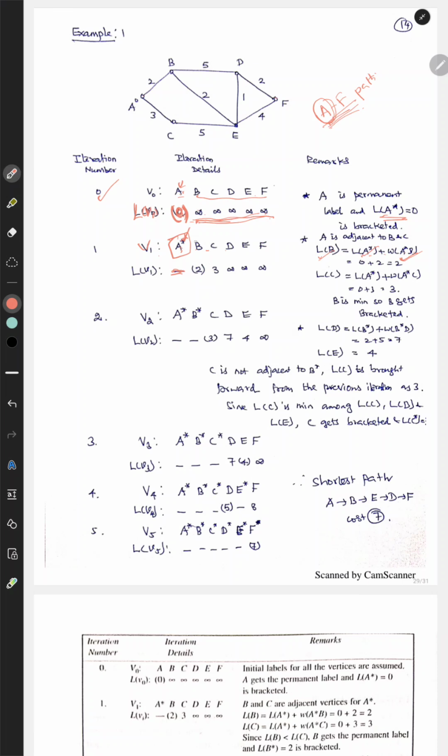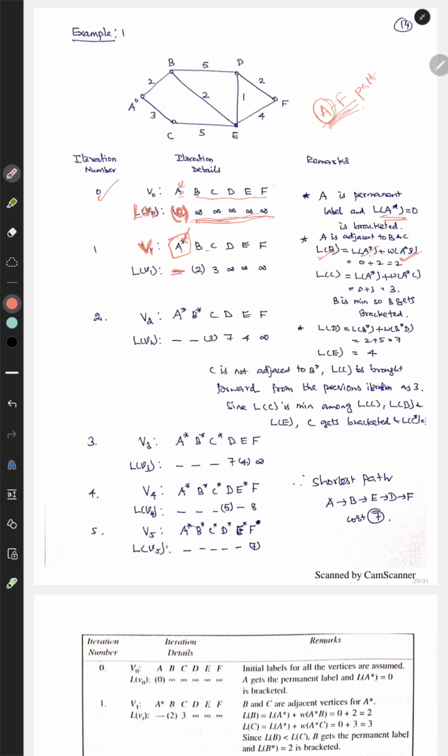Okay, so in iteration 1 the vertex set V1 does not have A, because A is the permanent vertex you have fixed in the last stage. So you are now not considering A, removing that vertex from V0 to form V1.